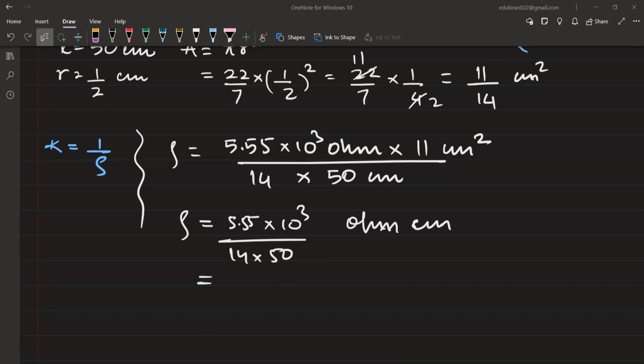Sir, 11 कहाँ चले गया? 11 मिस कर दिया क्या हमने? हाँ, 11 भी होगा, माय बैड. 5.55, sorry, 5.55, not 55.55.